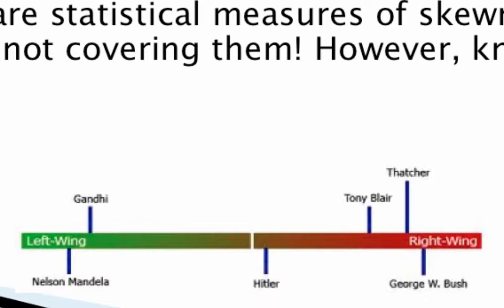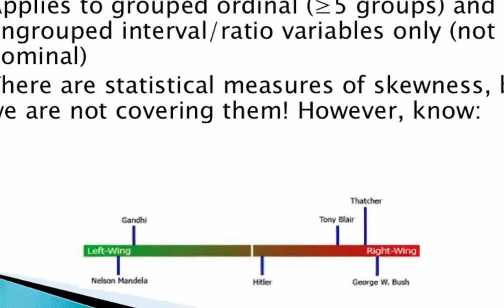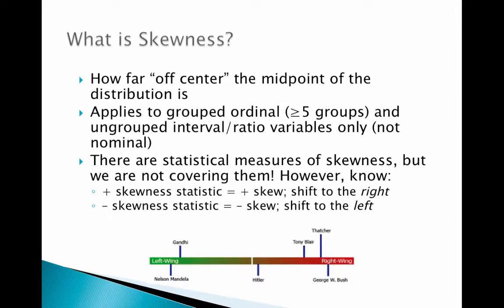It's really just how far off you are from being a complete moderate to being a total liberal or a total conservative. So we can think about positive skewness or negative skewness, or skewed to the right or skewed to the left. This is the terminology that we would use when we're talking about skewness: positive or negative, or left or right.